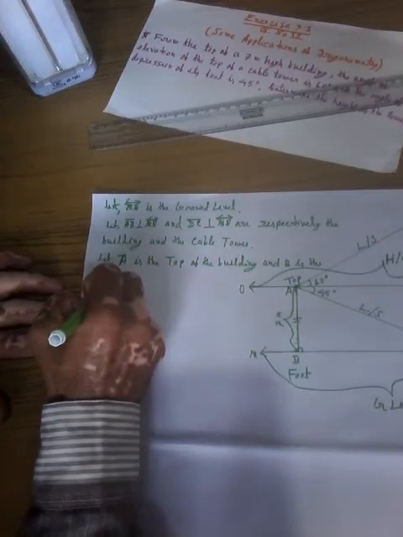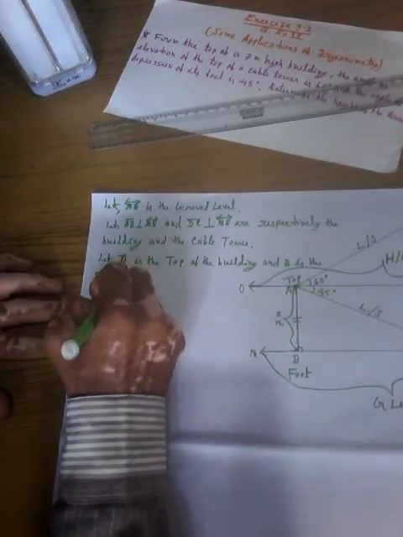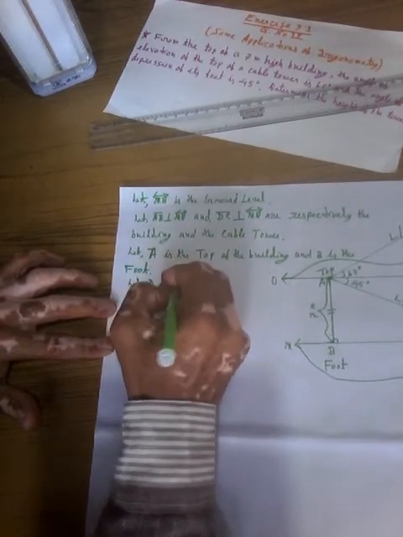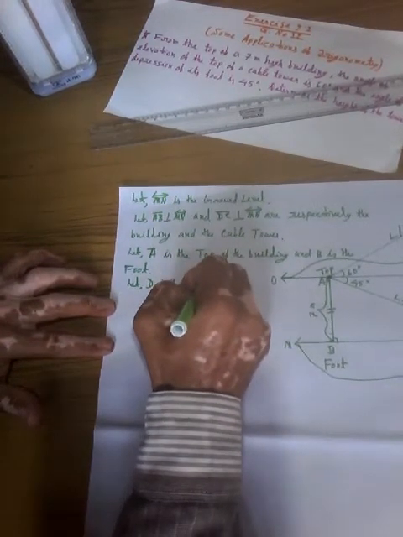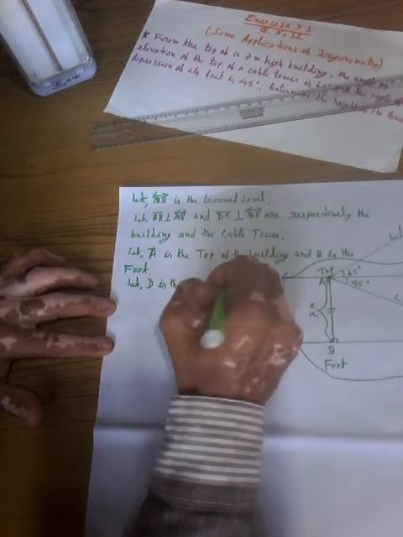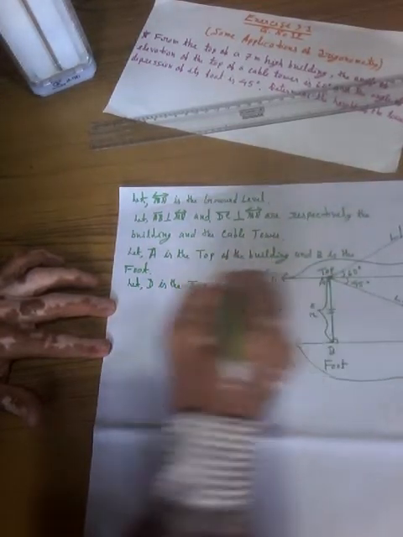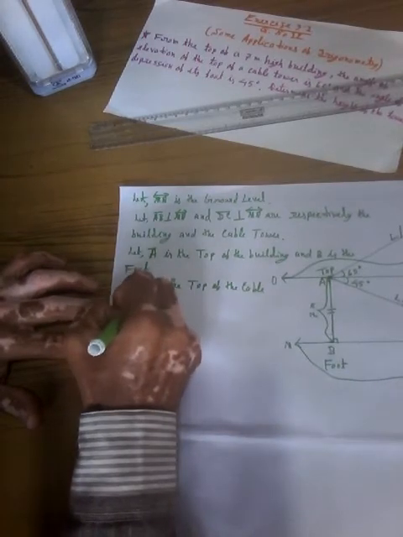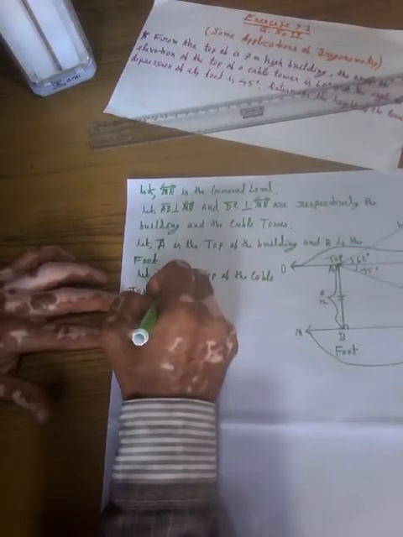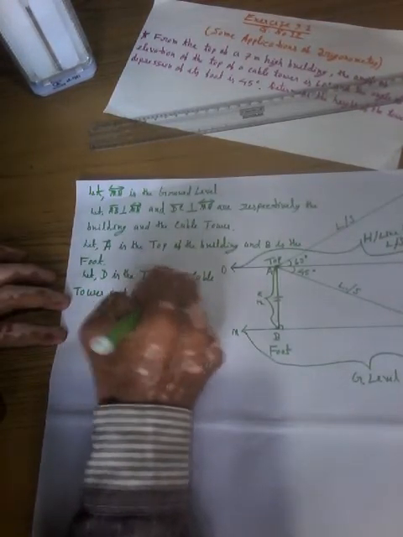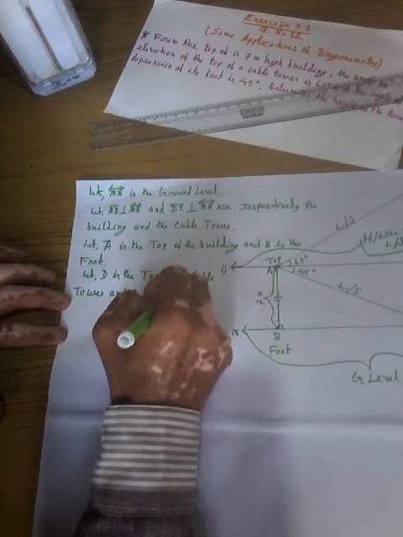Let D be the top of the cable tower and C the foot.